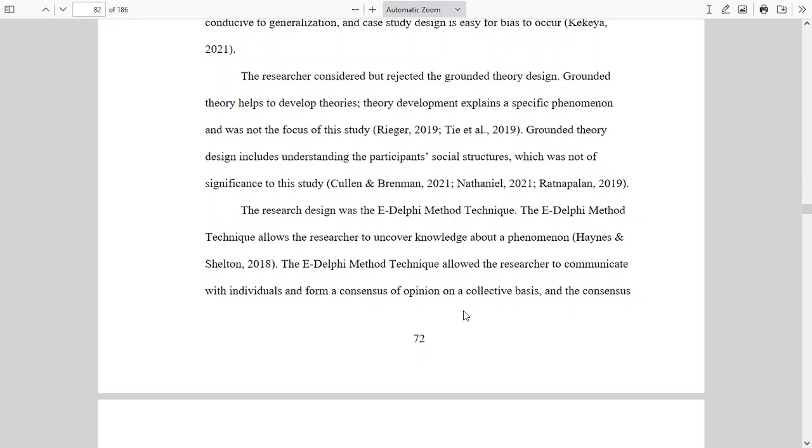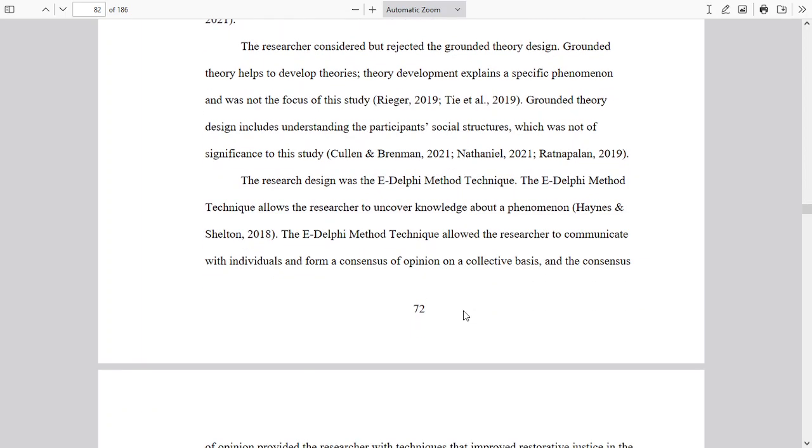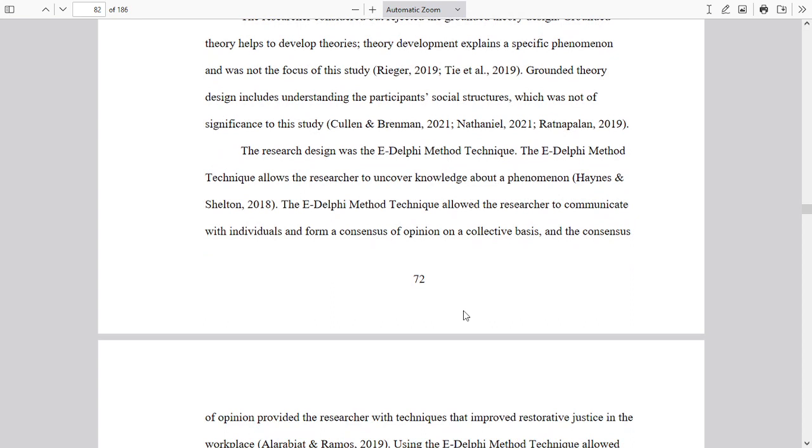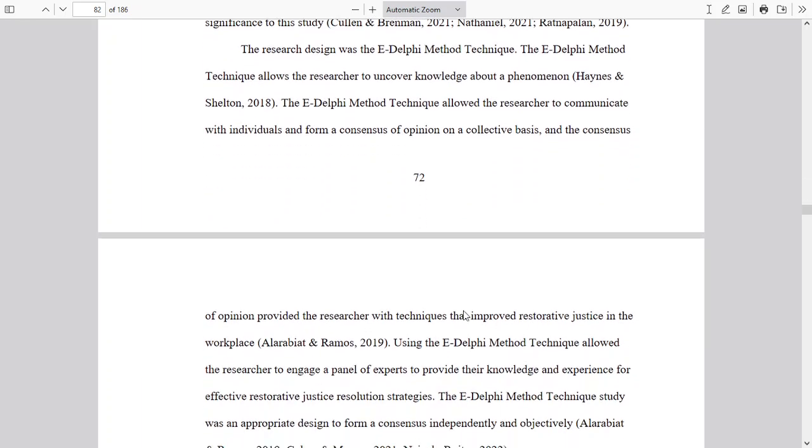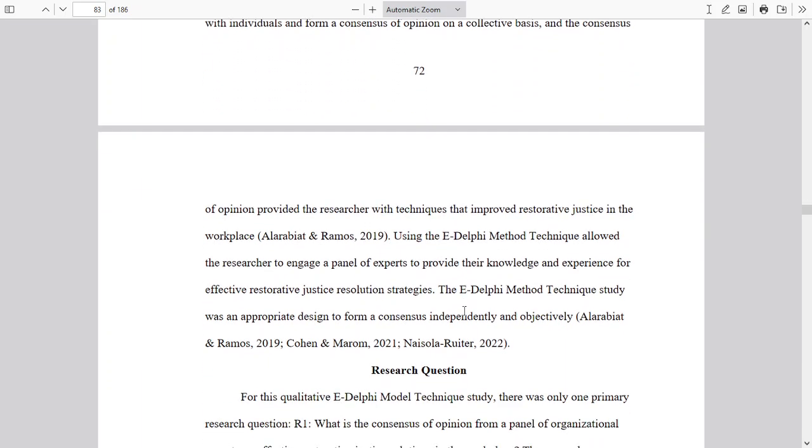But I chose an E-Delphi Method Technique. The E-Delphi Method Technique allows a researcher to uncover knowledge about a phenomenon. The E-Delphi technique allowed the researcher to communicate with individuals and form a consensus of opinion on a collective basis, and the consensus of opinion provided the researcher with techniques that improve restorative justice in the workplace.